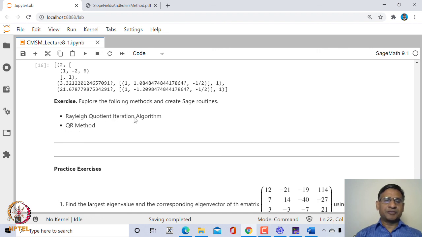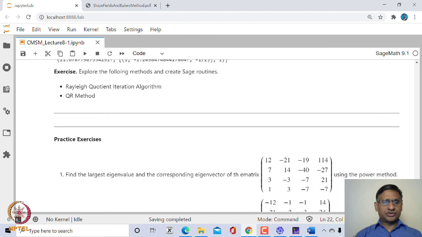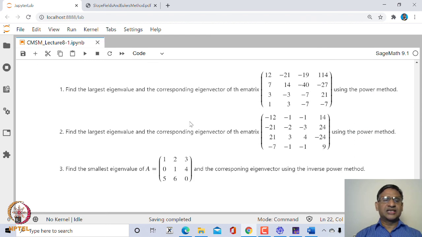I expect you all to go through these methods, look at help on these methods and try to implement them in Sage. Let me leave you with 2-3 simple exercises. Find the largest eigenvalue and corresponding eigenvector of this matrix using the power method, and this is the second problem.